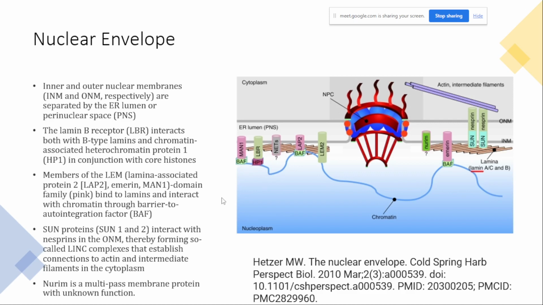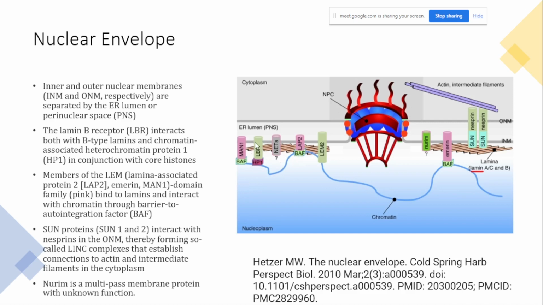And members of the LEM family, the lamina associated protein 2, like LAP2. LAP2 is a lamina associated protein, right? LAP2 binds to the lamin and interacts with the chromatin through the barrier-to-autointegration factor, BAF.